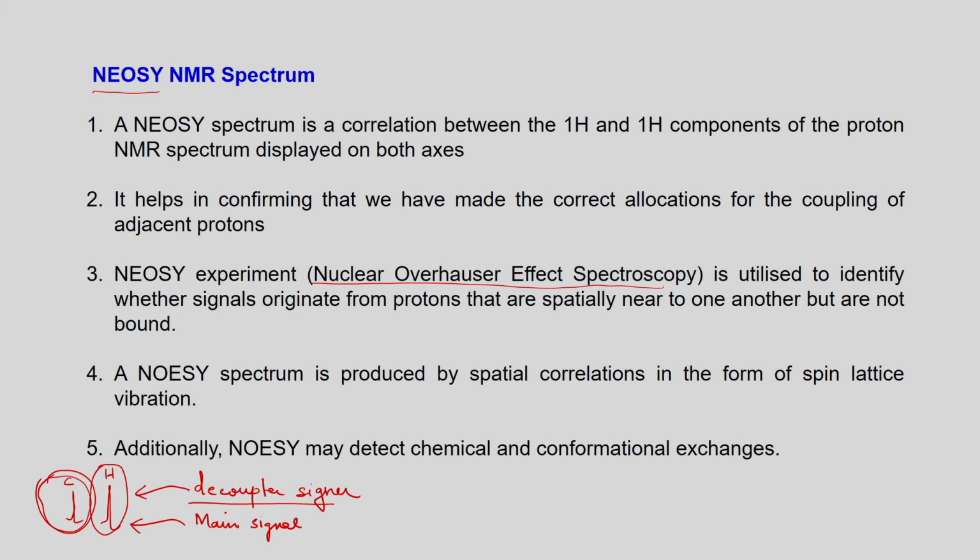How is this magnification achieved? Because now the carbon will see only one average spin state of the nuclei.